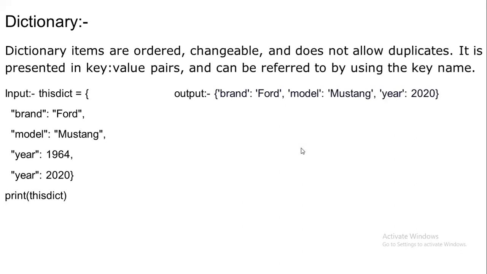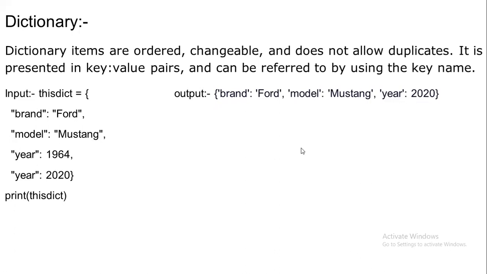No. In a dictionary you will not find repetition. Words will be in sequence alphabetically, but repetition will not be there. So here dictionary items are ordered, changeable, and do not allow duplicates. It is presented in key-value pairs and can be referred to by using the key name.